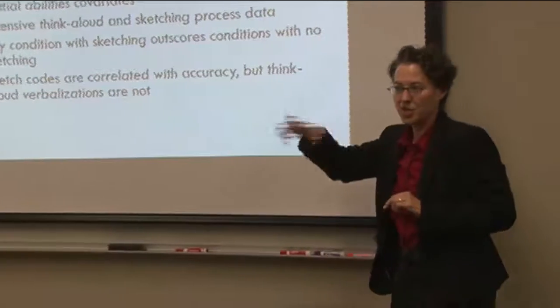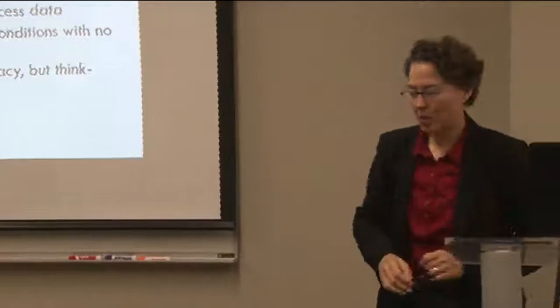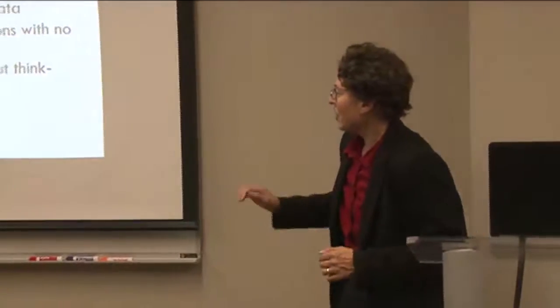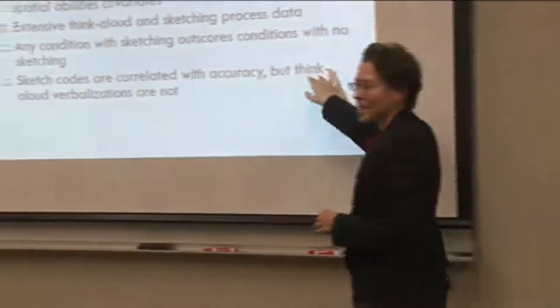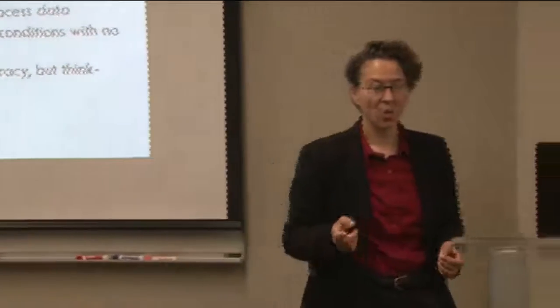They're engaged in the work, and then they stop and we say, give us your answer. We code those for accuracy. But the Think Aloud verbalizations, what they're saying about what they're sketching, or what they're saying in their self-explanations, was not related to the quality of the answers. So if you're a teacher, I think you want to trust what kids are putting on the page, but don't trust what they're saying about it.